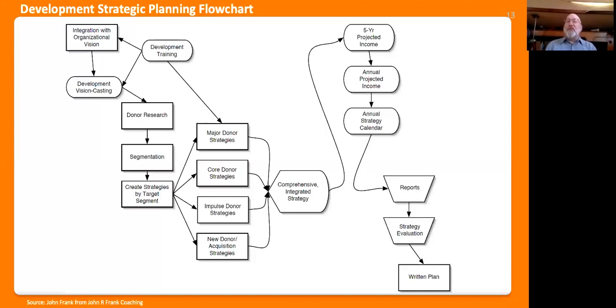We then have to segment them. In other words, divide them into who they are and how they respond. And then we have to create a strategy by that target segment. Now, in a couple more slides, I'll go into more detail of the characteristics of each one of those four groups. But when you put those together, what do you have? You have a comprehensive, integrated strategy.